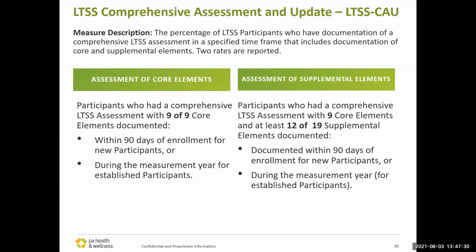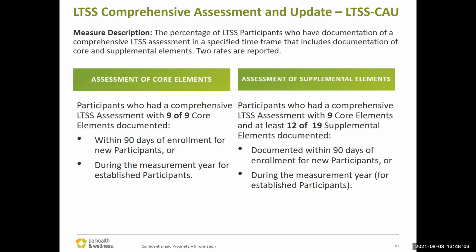Okay, here's the measure in a little different format. So the measure description is the percentage of participants who have documentation of a comprehensive LTSS assessment in a specified time frame that includes documentation of core and supplemental elements. 2 rates are reported. So you have the core elements and the supplemental elements. Here you see core elements, you need 9 of 9, so you have to do them all within 90 days of enrollment for new participants or during the measurement year for established participants.